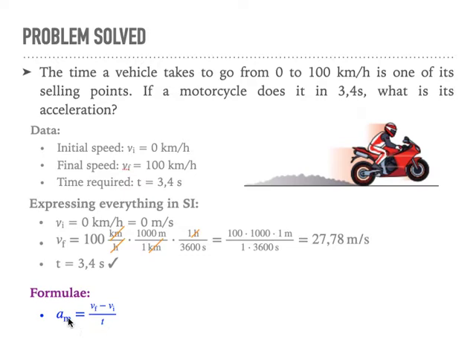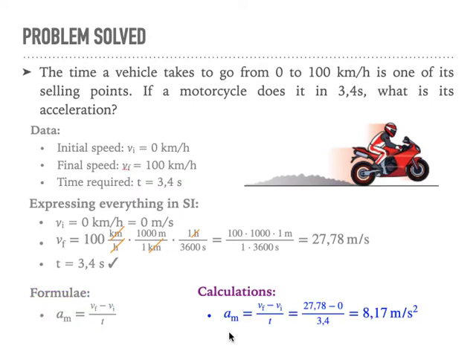Then the formula I'm going to use is the one for the acceleration, the one we saw. Then I just need to put the data here, so the final velocity or the final speed is 27.78 minus the initial one, that is 0, divided over this time, and that gives us 8.17 meters per square second.